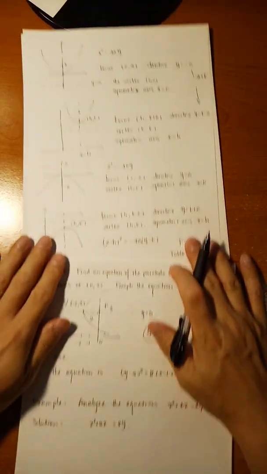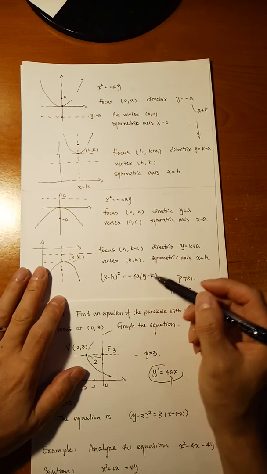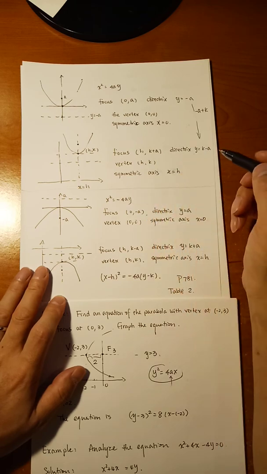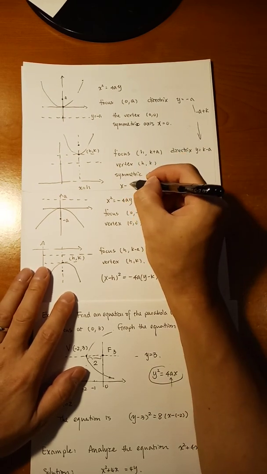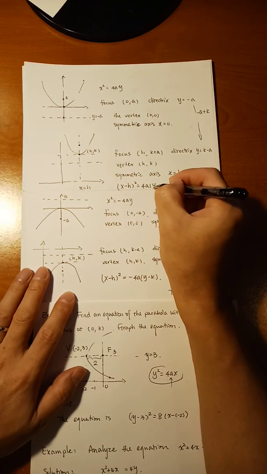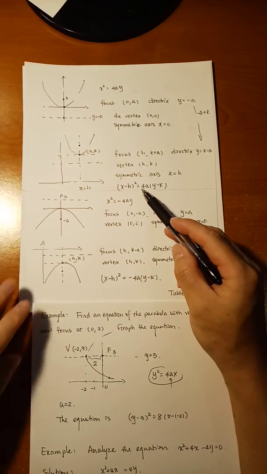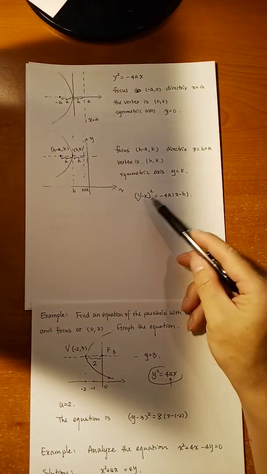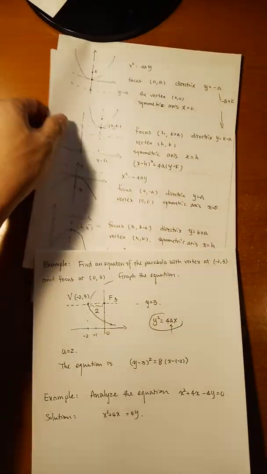Remember, the equation for this situation is x minus h squared equals 4a times y minus k. In this situation you have x squared and y, while the previous one was y squared and x, so it does not fit this problem.